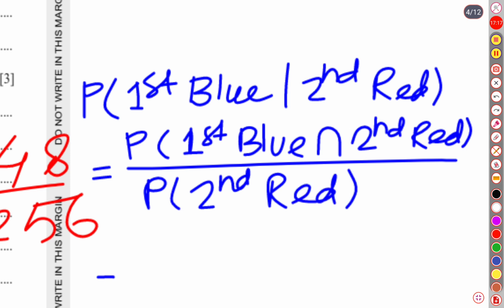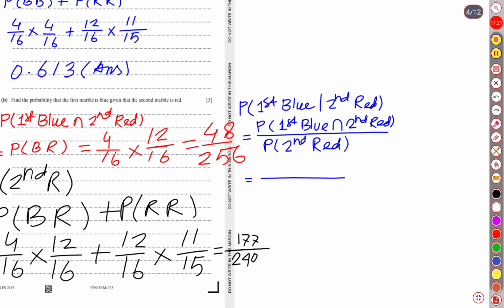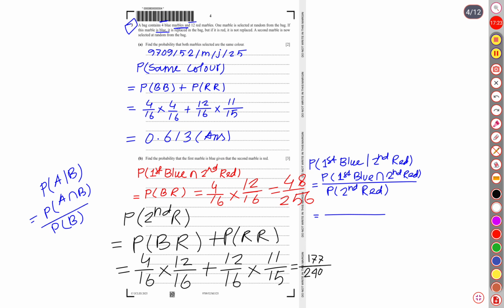So already we have found the probabilities individually. Let us substitute the values. For first one blue intersected by second red, probability is 48 over 256. So we will just write here 48 over 256 divided by, what is the probability of second red?